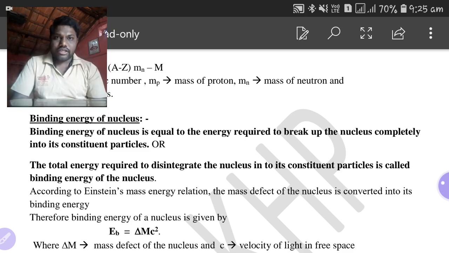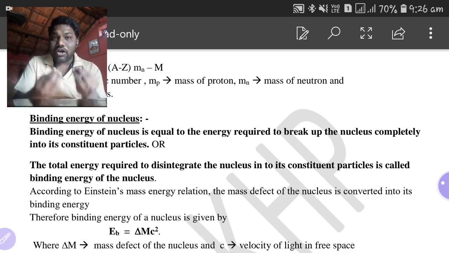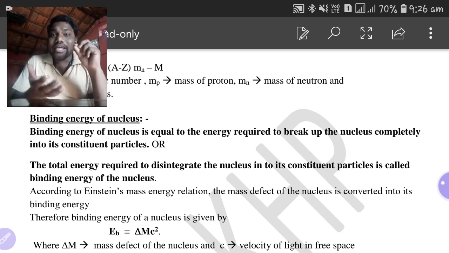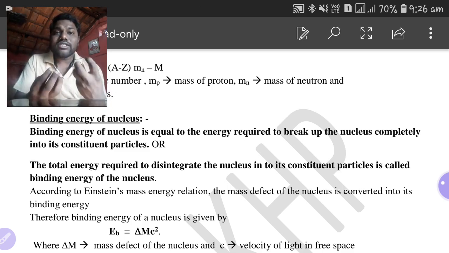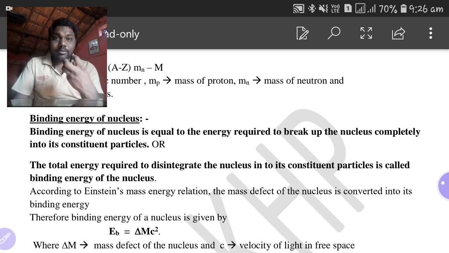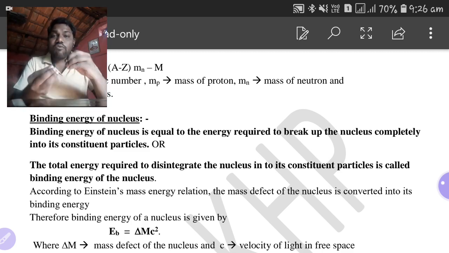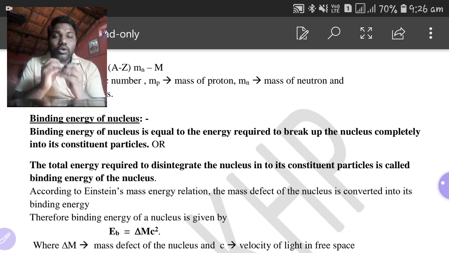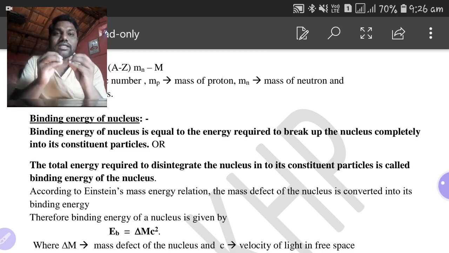The amount of energy required to separate the nucleus into its constituent nucleons is nothing but binding energy. The amount of energy required to break the nucleus into its constituent nucleons is nothing but binding energy.